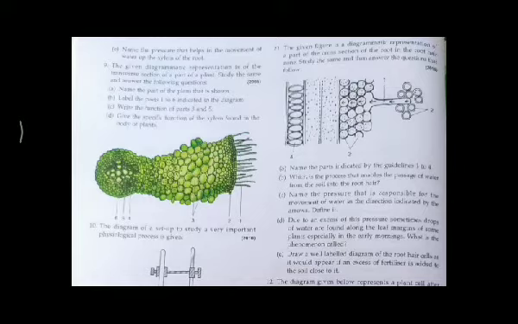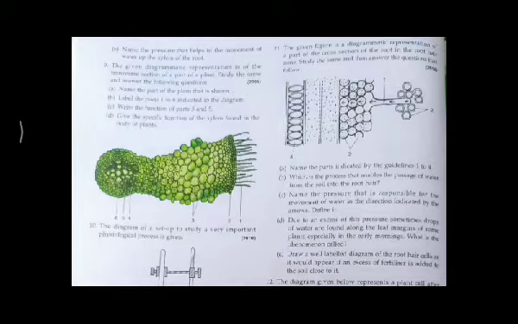Next, segment C of question number 9 is asking: write the function of parts 3 and 5. Very easy. Part 3, as in the previous segment, we have represented as the cortex. Write down its main function: it stores abundant starch grains, or you can write storage of starch grain is the main function of this particular part.